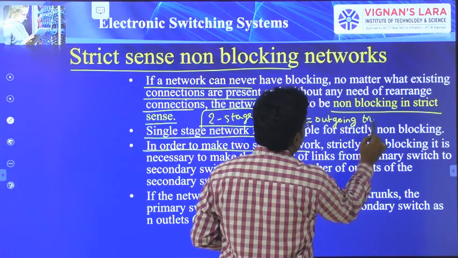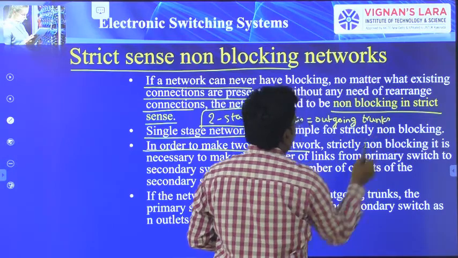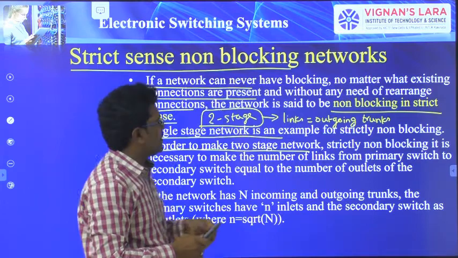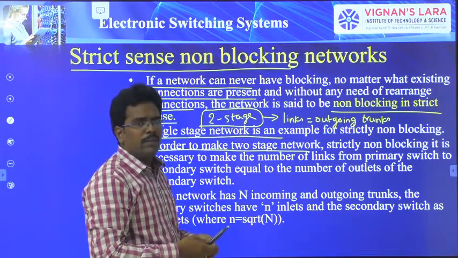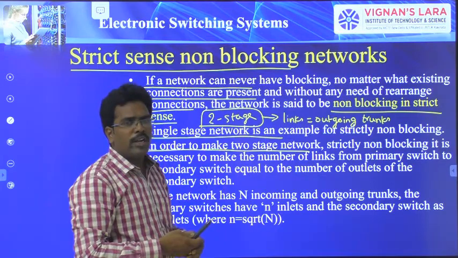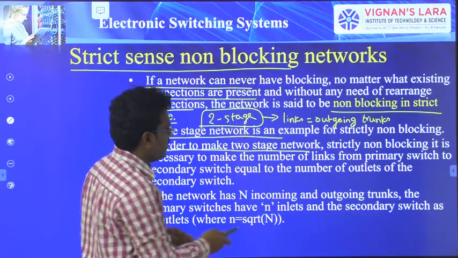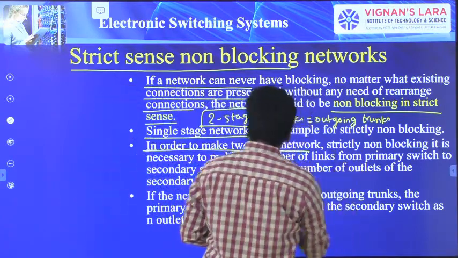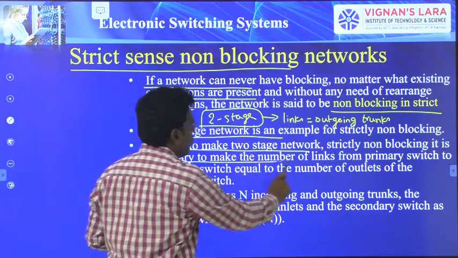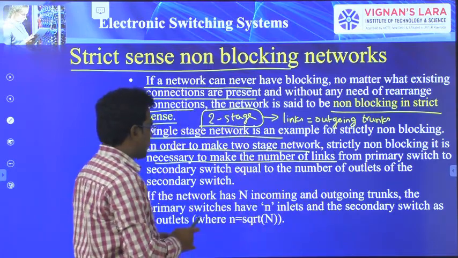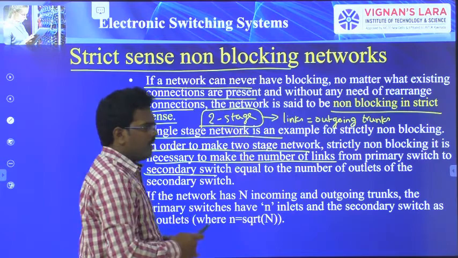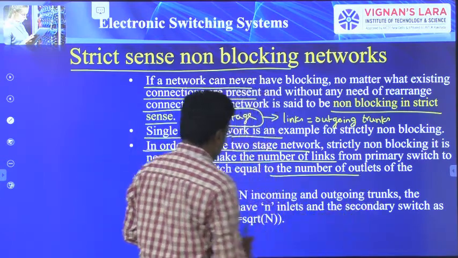If you do this, then definitely the two-stage blocking network becomes a two-stage non-blocking network in the strict sense. Okay. So for strictly non-blocking, it is necessary to make the number of links from the primary switch to the secondary switch equal to the number of outlets.